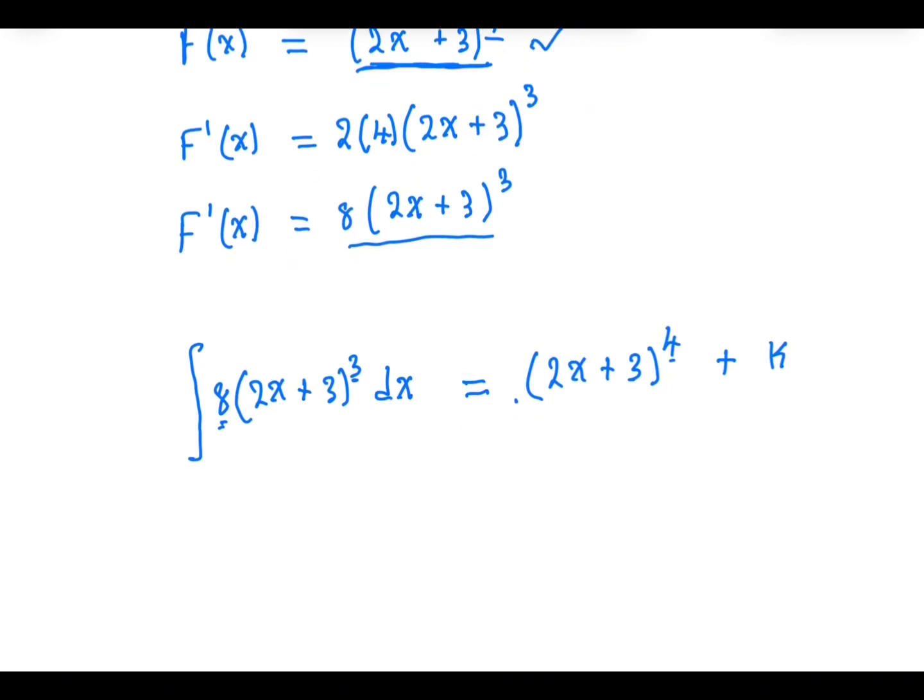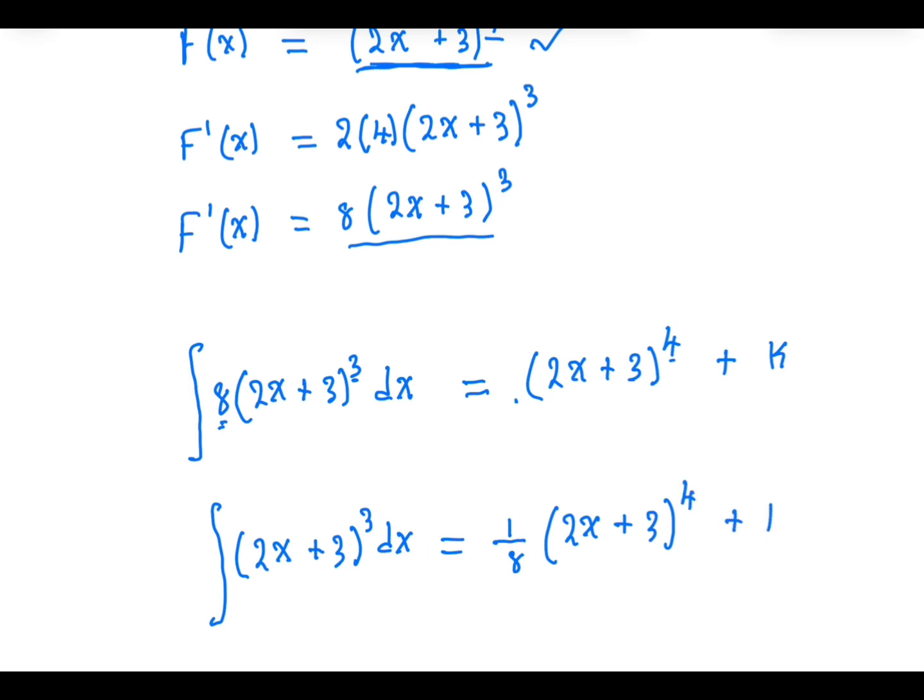In other words, if I know that the derivative of a given function, 2x plus 3 all to the power of 3 with respect to x, is possible, then the given function must be 1 over 8 into 2x plus 3 all to the power of 4 plus the constant k.